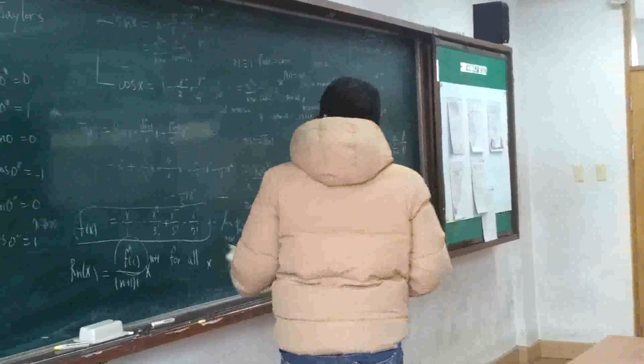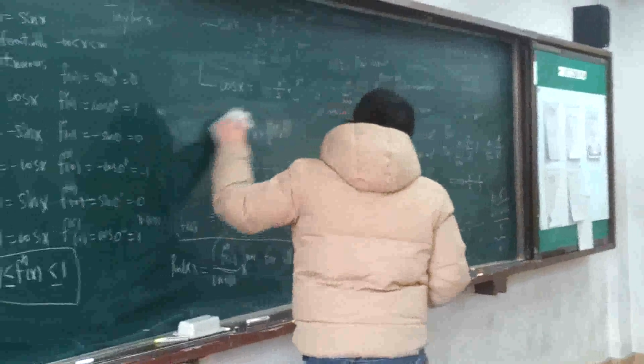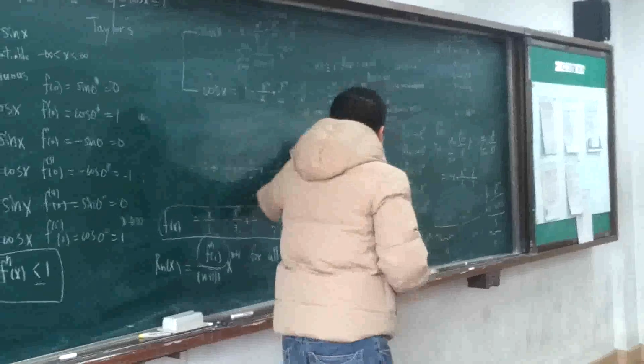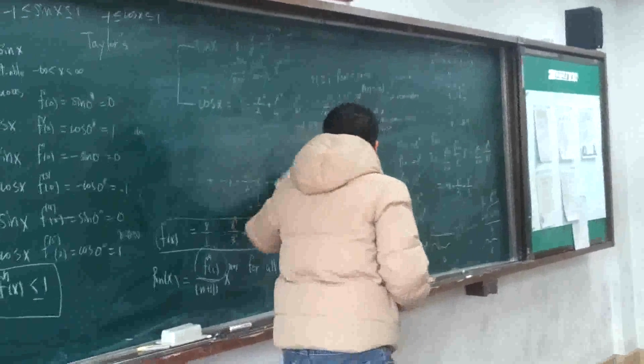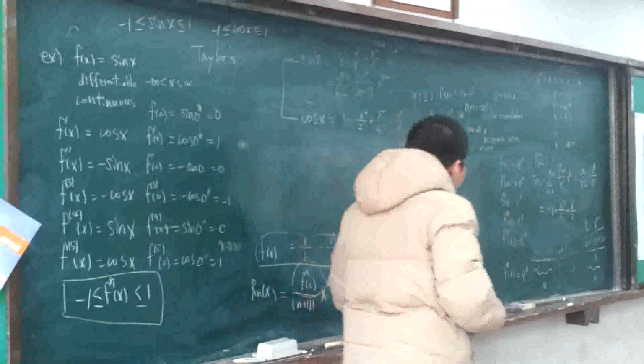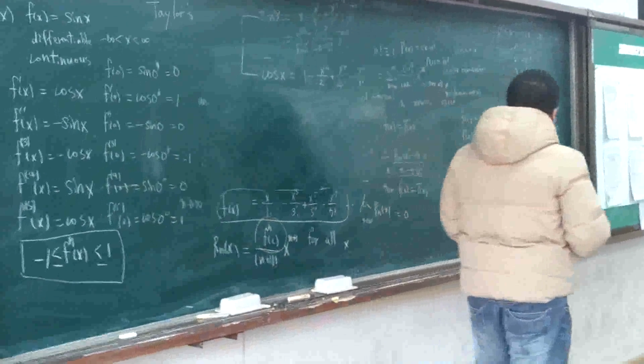And we want to check whether the Maclaurin series of e^x equals e^x itself. So we must find out what the value of the remainder would be when n approaches infinity.